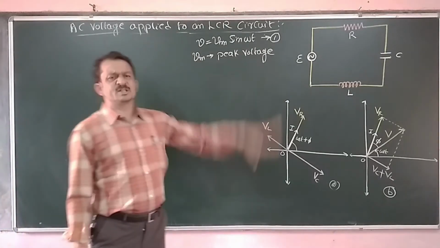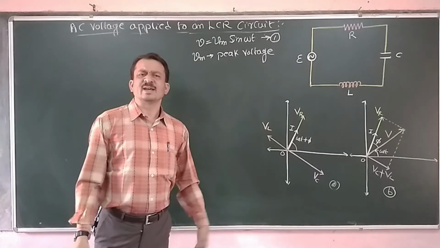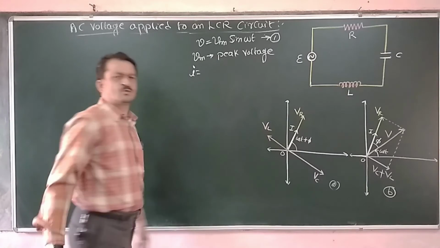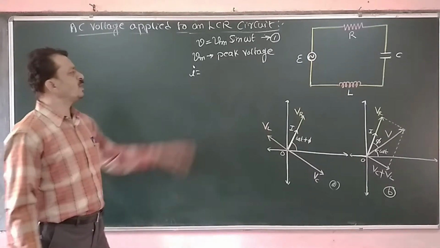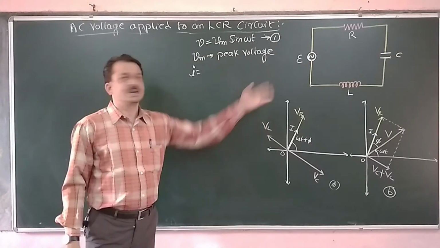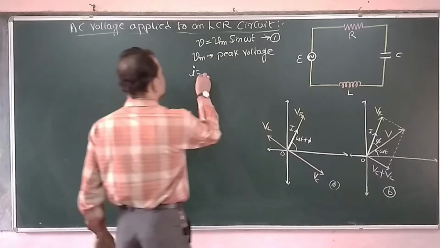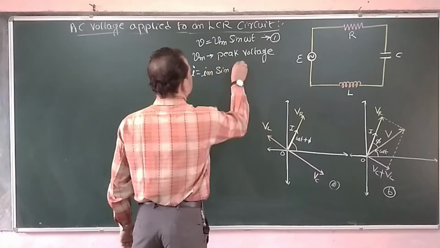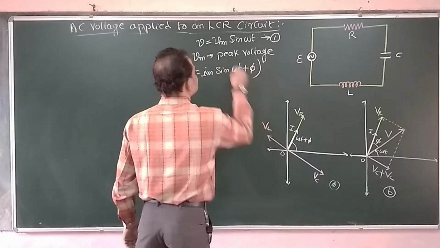Now as and when the voltage is applied, the same current I is flowing through the three components. Why the same current? Because they are connected in series. Therefore, I is equal to Im sine of omega t plus phi, equation 2.